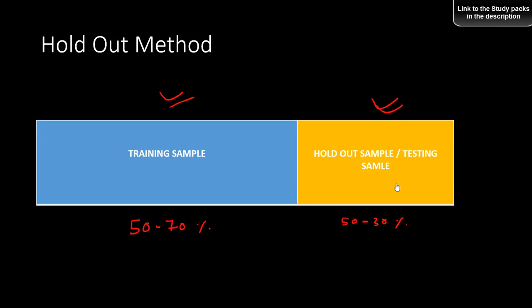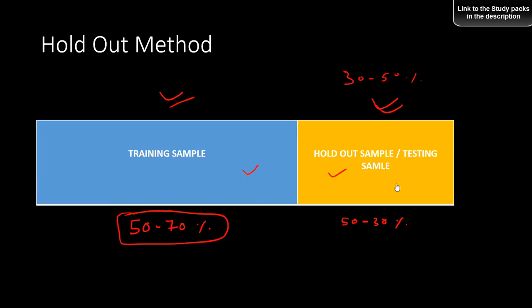The training sample could possibly have 50 to 60 or 70% of the data, and your holdout sample could have 30 to, let's say, 50% of the data. And there is no overlap. That means an observation that is part of the training sample is not part of your holdout sample, so the observations are mutually exclusive. There are no common observations between these two samples.